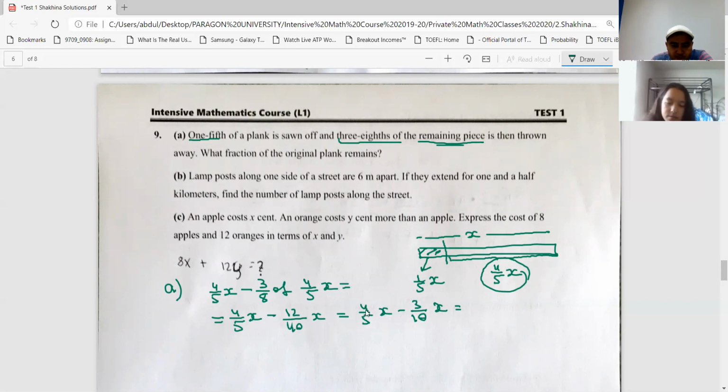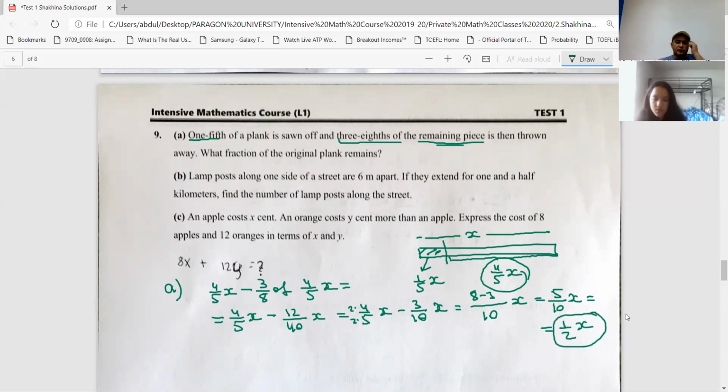So we should multiply the first fraction by 2, this one by 2. So here we have 10 and 10. Now what do we have here? 2 times 4, 8, minus 3, x. So 8 minus 3, 5/10x, which is equal to 1/2x, right? So that's the answer.